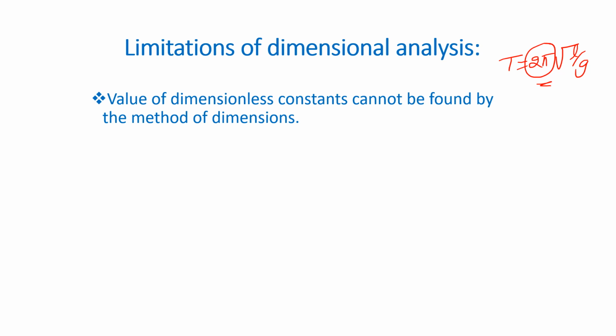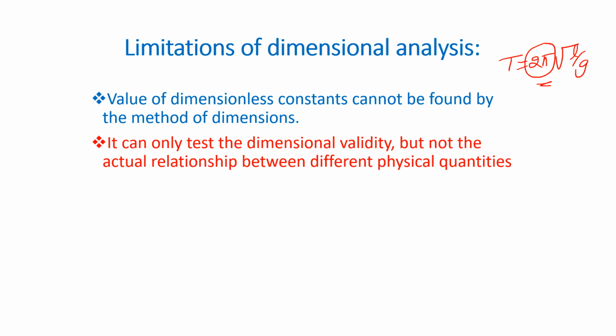Second drawback is that it can only test the dimensional validity but not the actual relationship between different physical quantities. That means it says whether an equation is dimensionally correct or not, but it cannot say whether it is actually true or not.